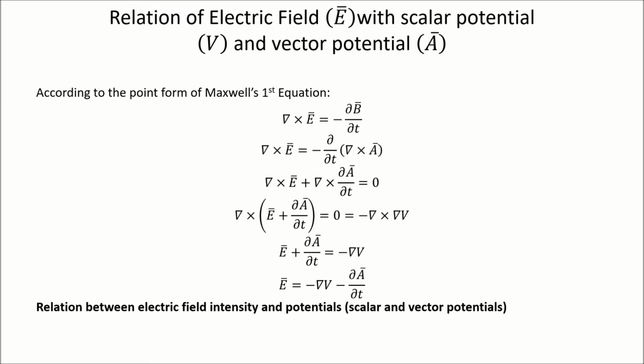Now equate these two equations, we will get E plus partial A over partial t equal to negative gradient of V. Now we solve for E: E field is equal to negative gradient of V minus partial A over partial t. This is the relationship between electric field with scalar electric potential and vector magnetic potential.